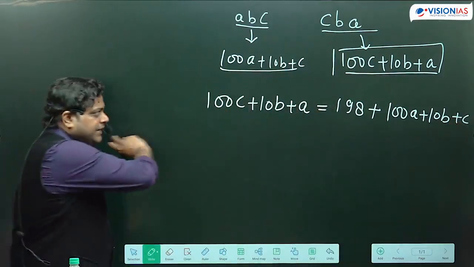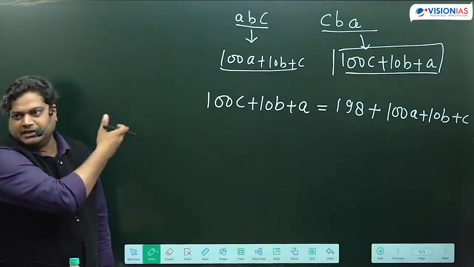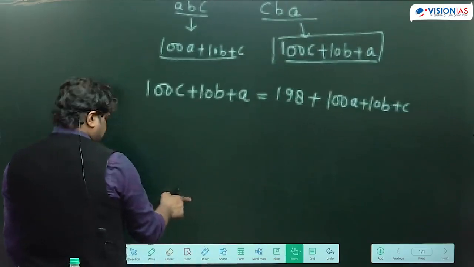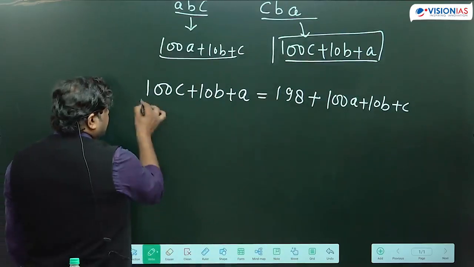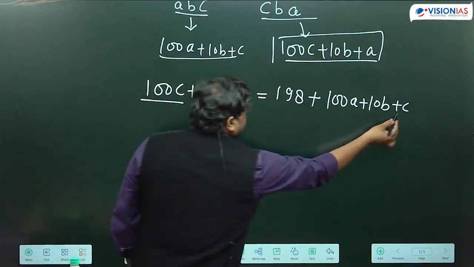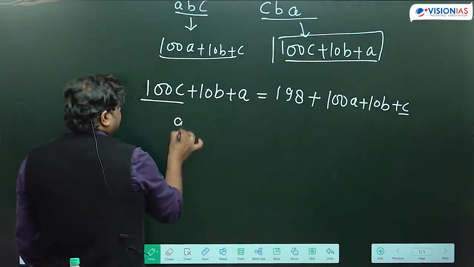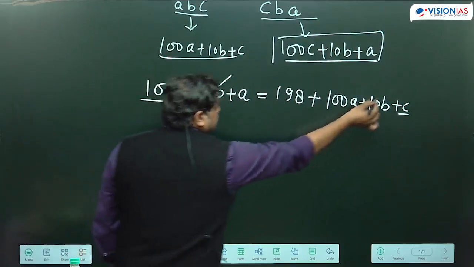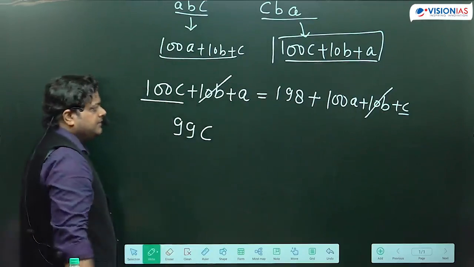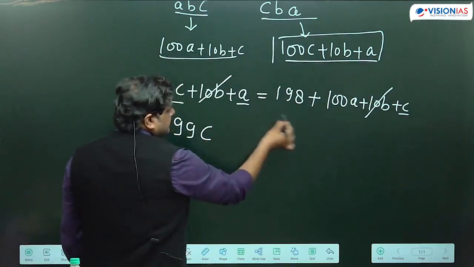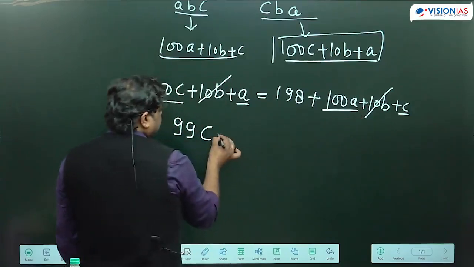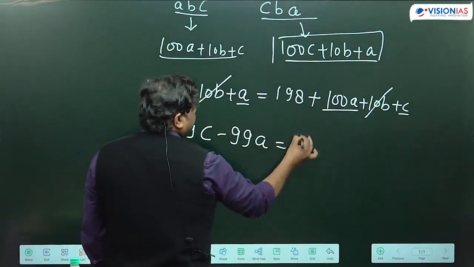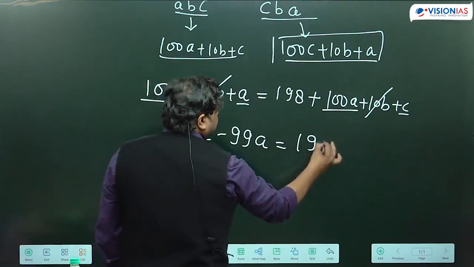We have simply written that statement in mathematical form. We can simplify it. 100c minus c will get 99c. This 10b will get cancelled out. Then a minus 100a will get 99a is equal to 198.